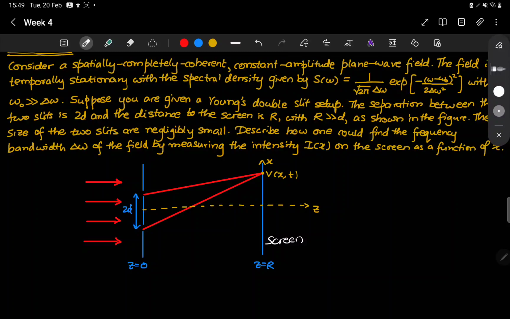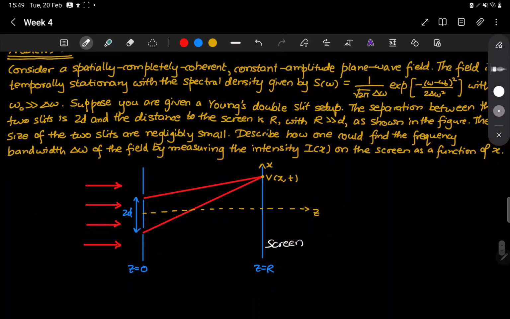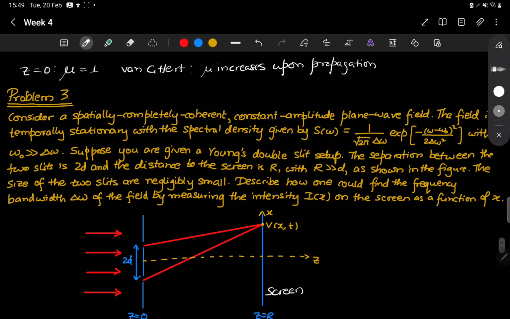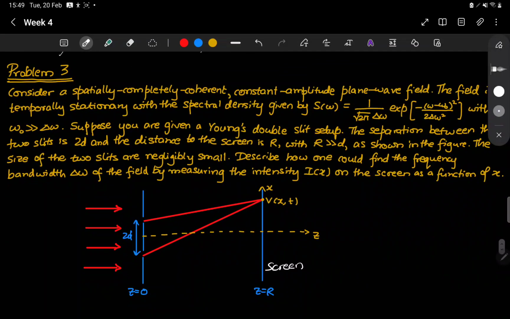But typically in your school days, in your class 12, what we study is a plane wave. So the field that is coming in is a monochromatic plane wave, single frequency. But here the plane wave field that we have is not single frequency. It has a range of frequencies defined by this spectral density S omega.